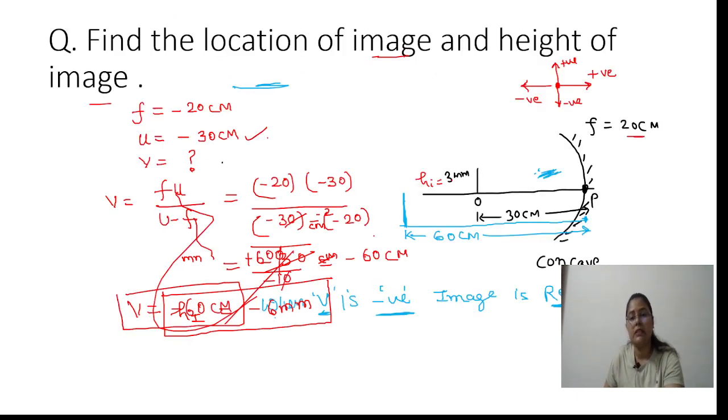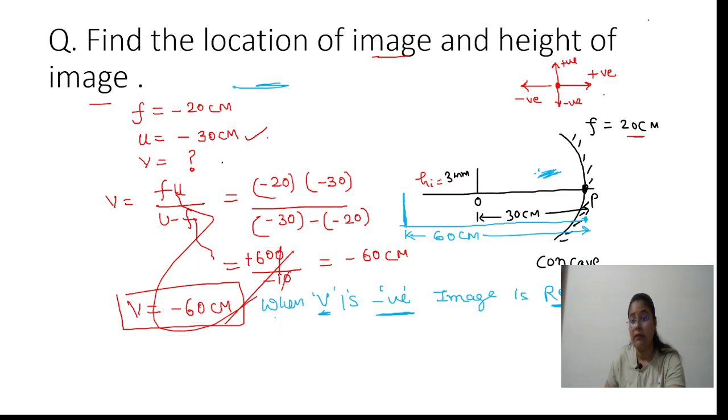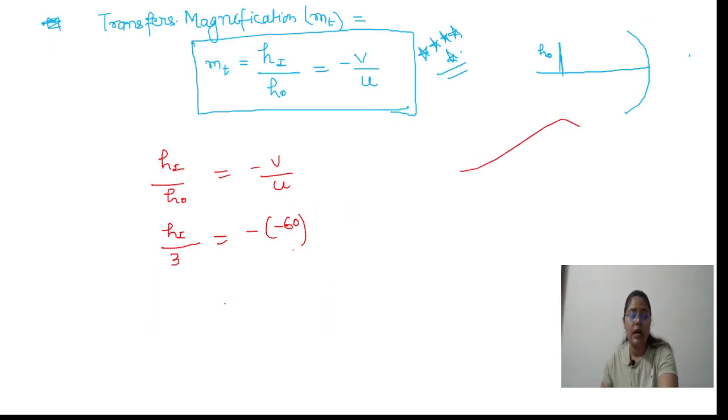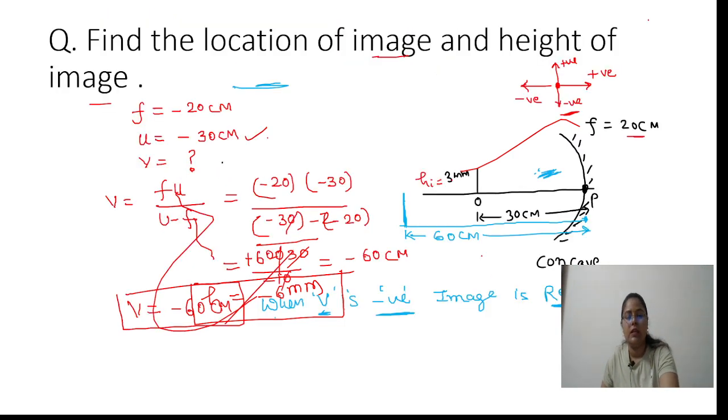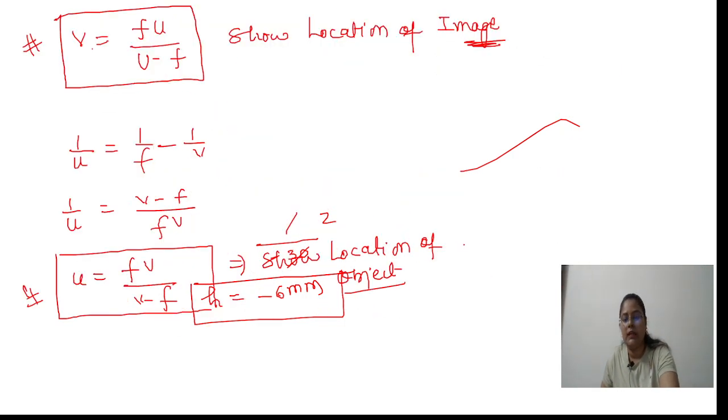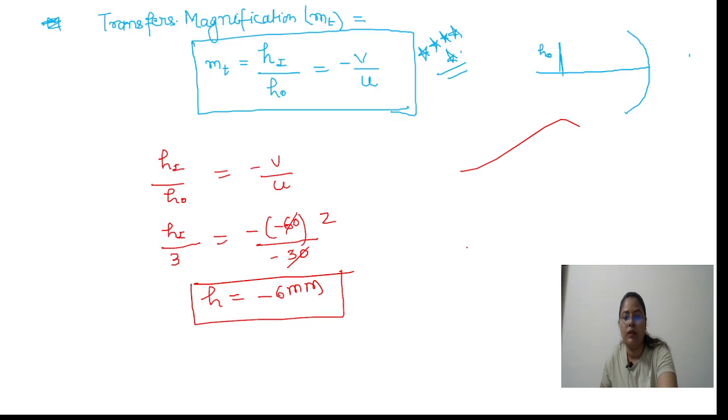So my dear student, the image height can be positive or negative. Whenever the image height is negative, the image is downward. With minus 6 mm here, the image should be in the downward direction.